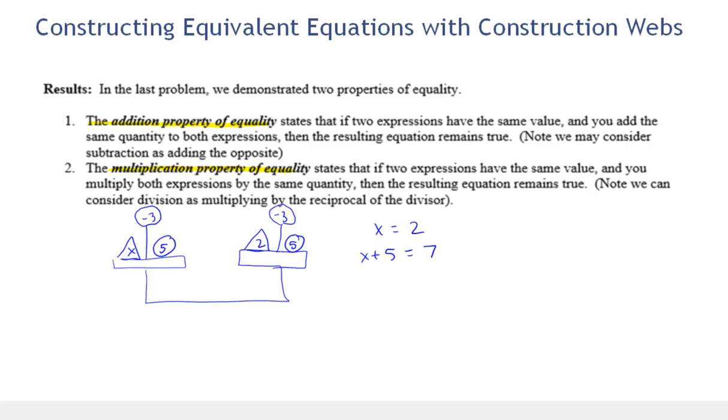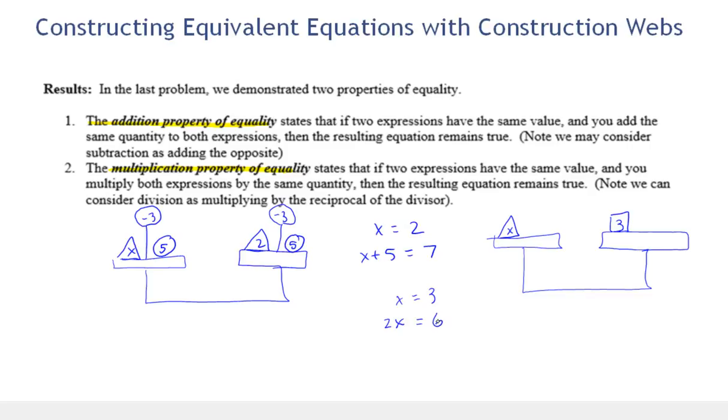And a nice way to think of this, let's make another scale. If we started with, let's do, how about x and 3 this time? Okay. Well, we can multiply, so x equals 3. We multiply both sides by 2. We have 2 times x, or 2x, equals 3 times 2, which is 6.